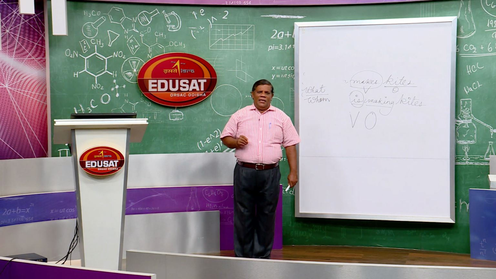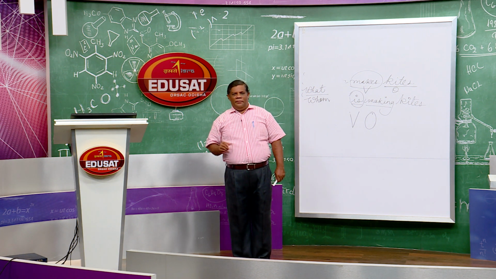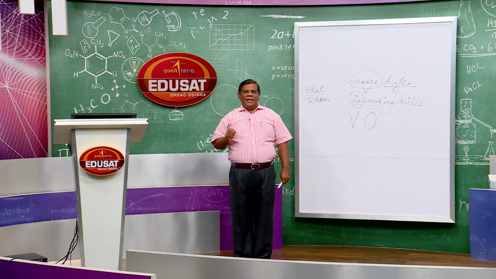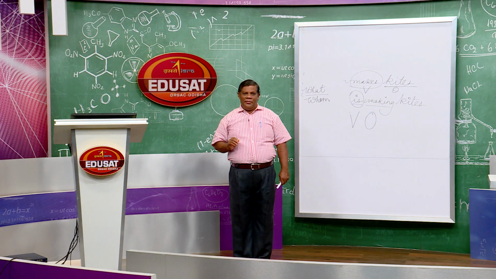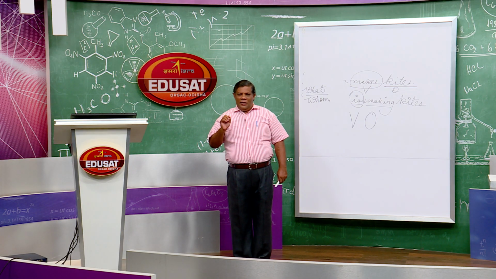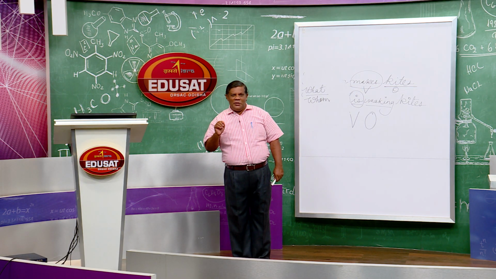The teacher called the boy, and here the teacher is the subject of the sentence, called is the verb of the sentence, the boy is the object of the sentence, because which part here answers the question what or whom.